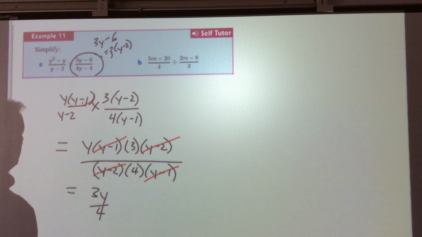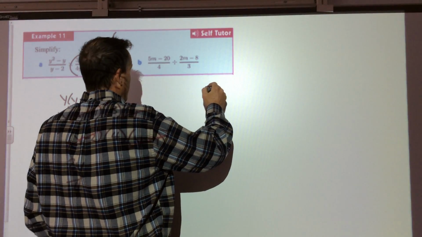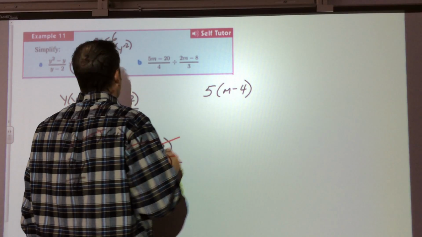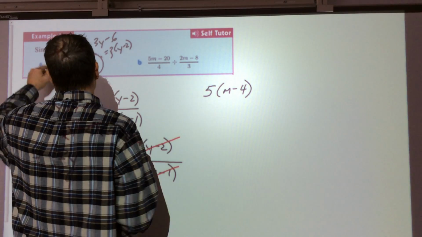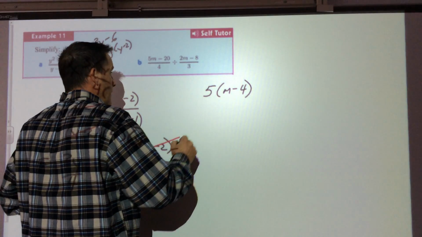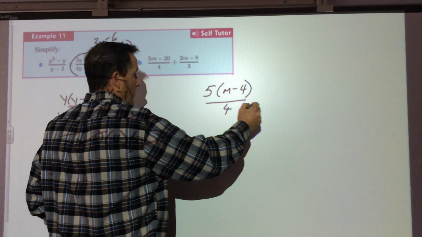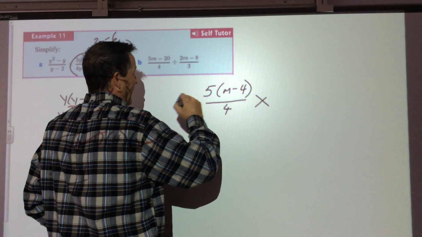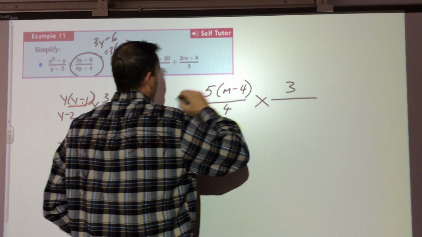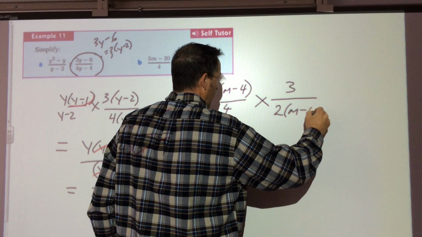The next one, because it's division, first thing, I have 5m minus 4. Now, if you can't read the question that's up here, remember, it's example 11 in the book. So I'm doing the factoring right away. And that's all over 4. I'm going to flip and simplify at the same time. I can't do anything with the 3, but I can factor out the 2, and I'm left with m minus 4.